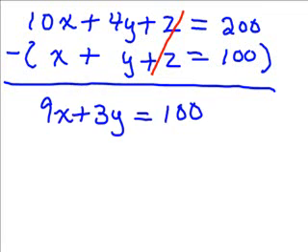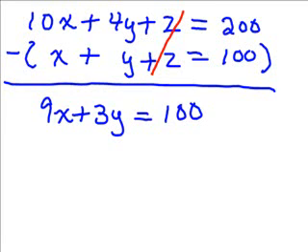Now, I'm down to 2 variables, and I'm going to solve for one of the variables. It doesn't really matter which one you use, but my suggestion would be to take the term with the highest coefficient over to the other side. In other words, I'm going to subtract 9x from both sides, instead of 3y, because the coefficient on x is bigger than the coefficient on y.